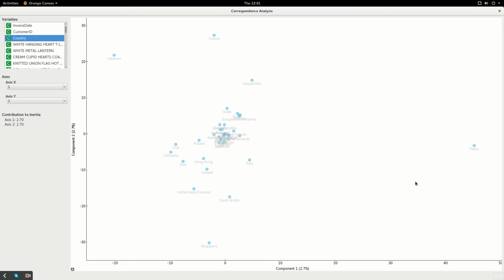Now every dot represents a category, in our case the country. So similar countries tend to group together, while those which are different for one reason or another tend to stay far away from clusters.